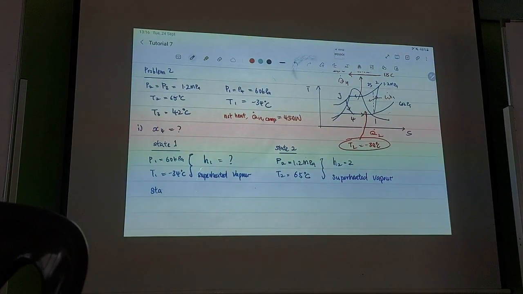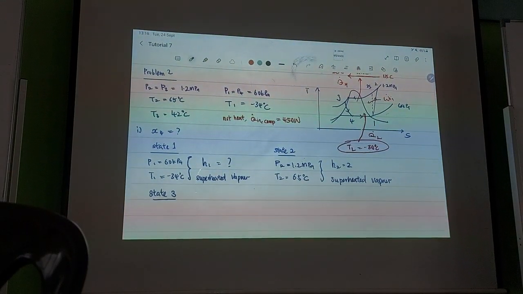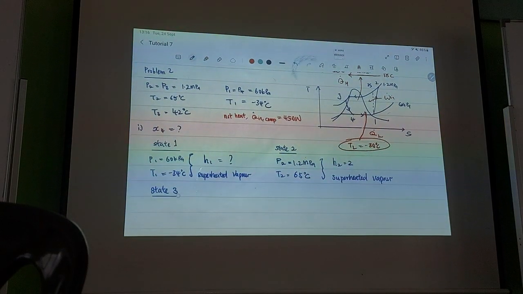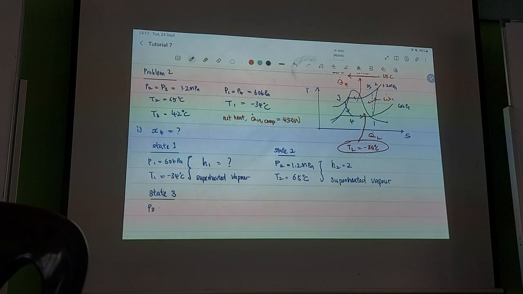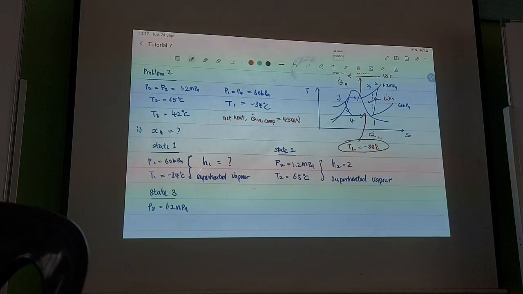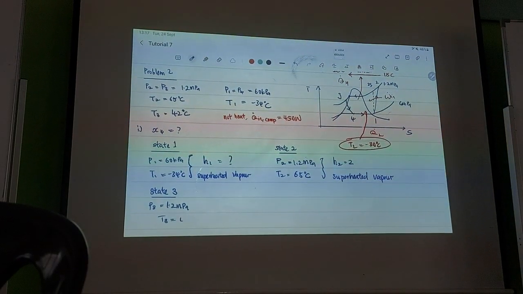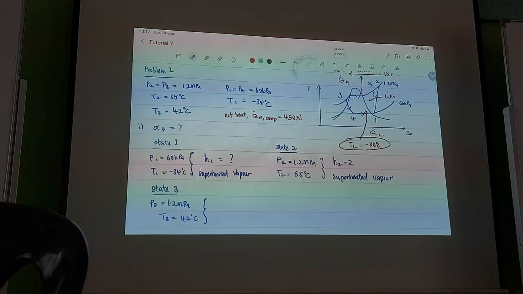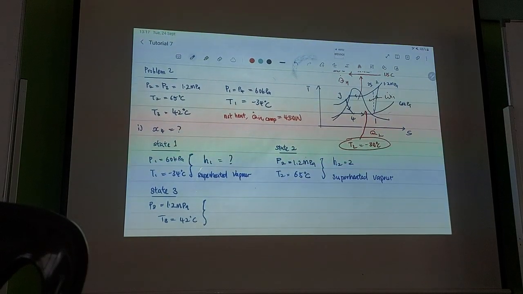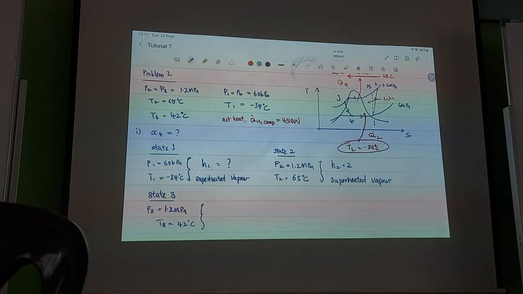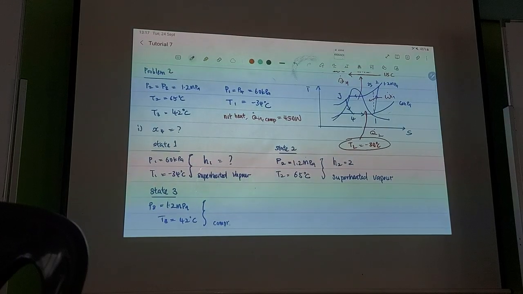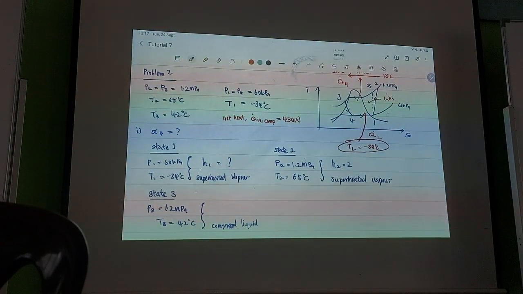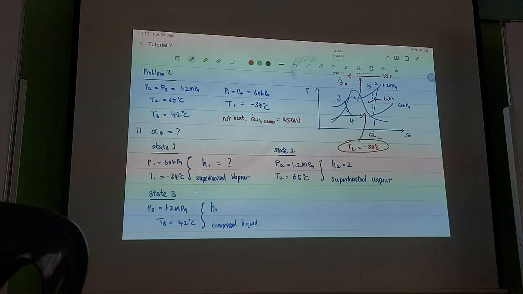Then we go to state 3. For state 3, same thing, P3 is 1.2 megapascal. T3 is 42 degrees Celsius. If you check the table, you will see that this is a compressed liquid or a subcooled liquid. So for this, how do you get the value for H3?